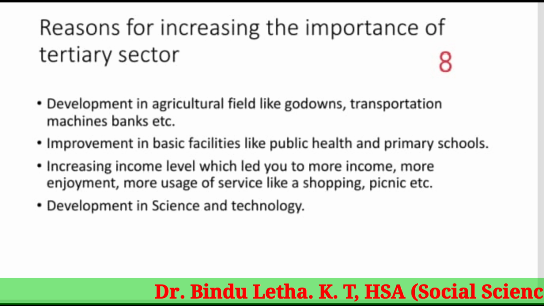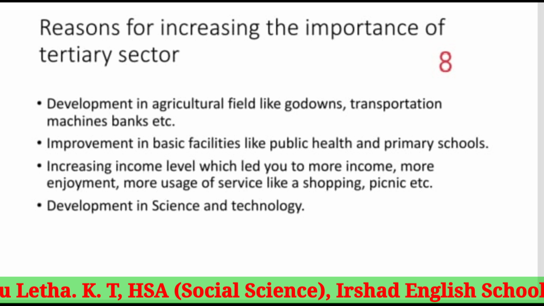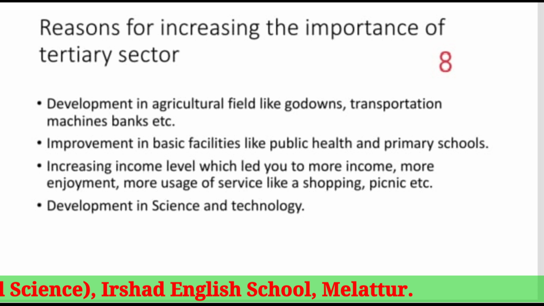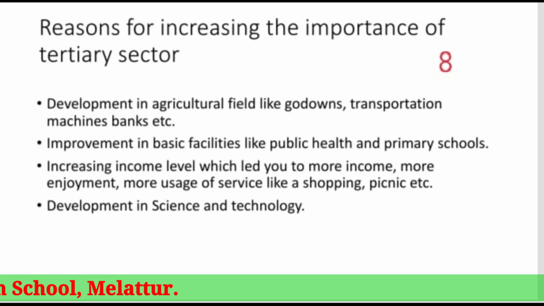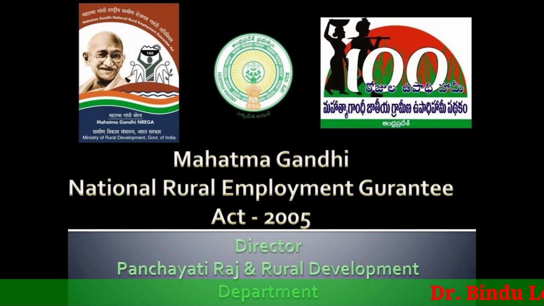The central government of India made a law implementing the right to work in 625 districts of India. It is also called the Mahatma Gandhi National Rural Employment Guarantee Act of 2005. Under this act, all those who are able to and are in need of work are guaranteed 100 days of employment in a year by the government.